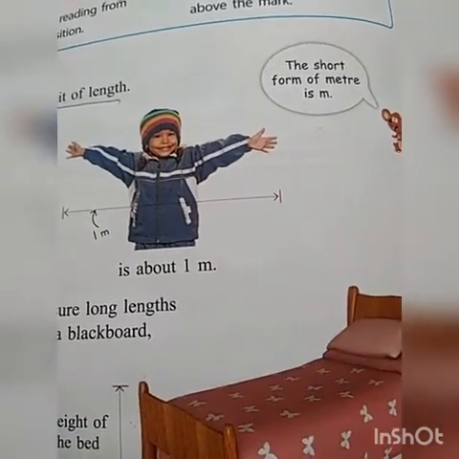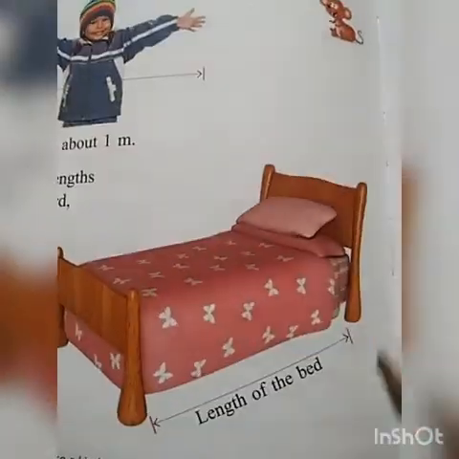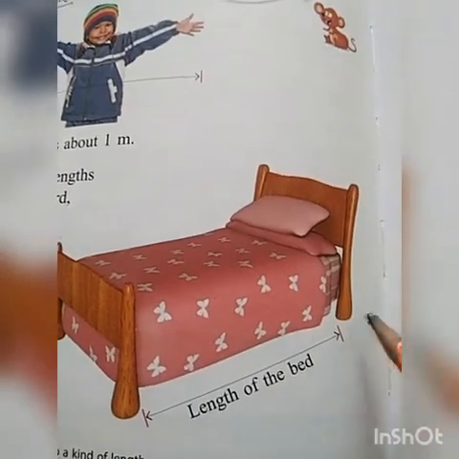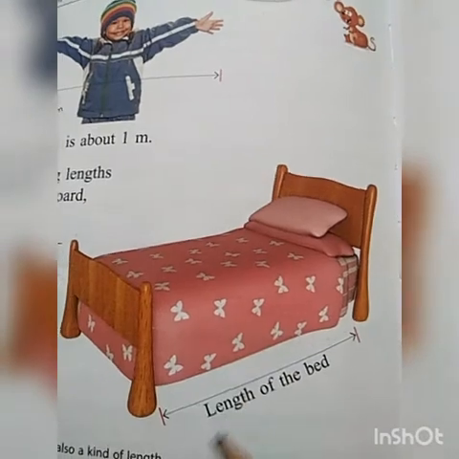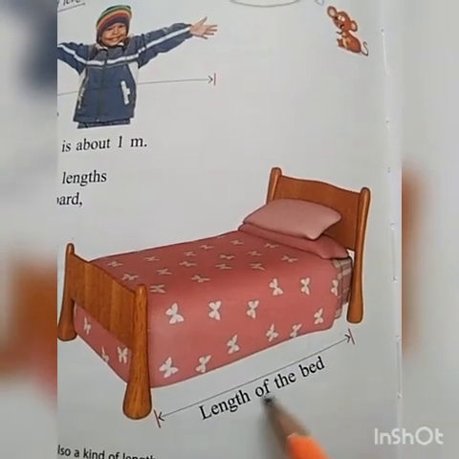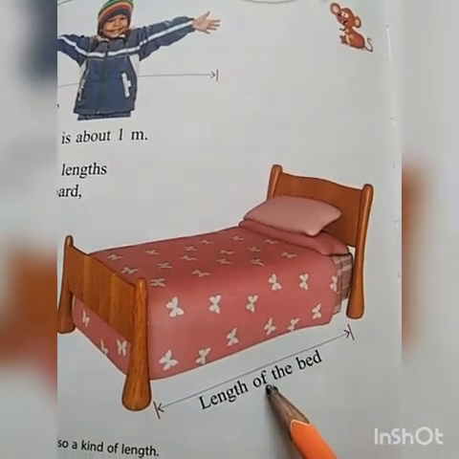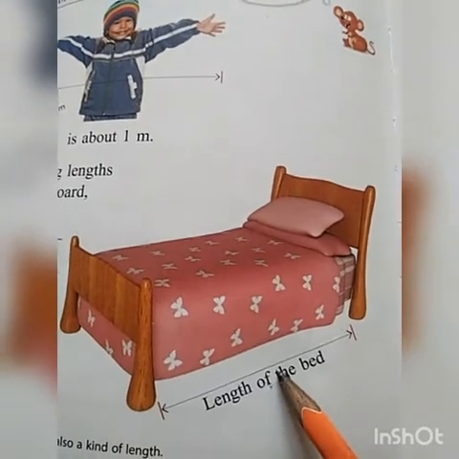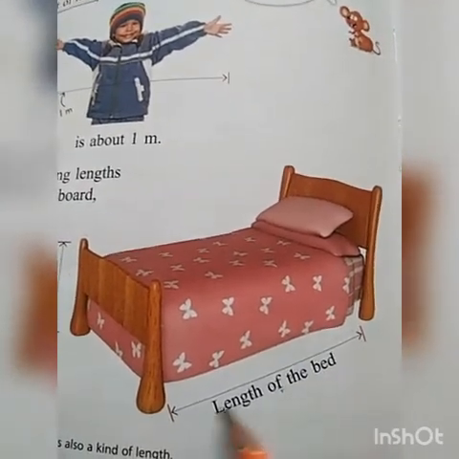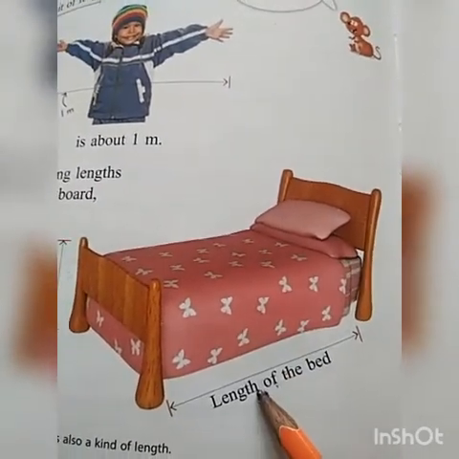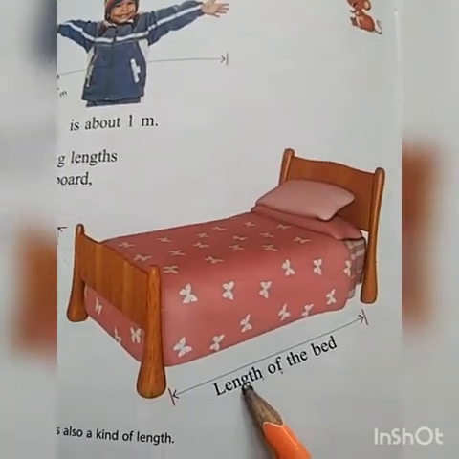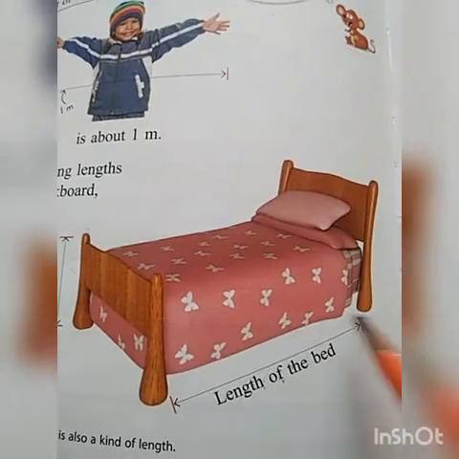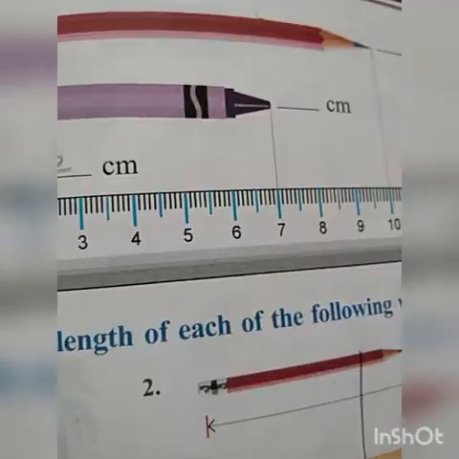It is cm. Okay, suppose you have to measure the length of the bed. So if you will start with the scale, you will not get exactly accurate measurement. So you require a bigger unit. You cannot do it with the centimeter part, you need a measuring tape that can measure in meters, right? So we use bigger units for bigger things.